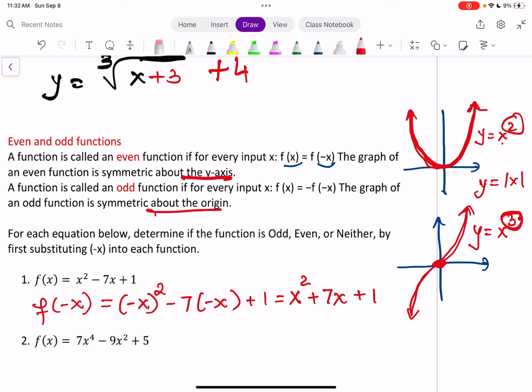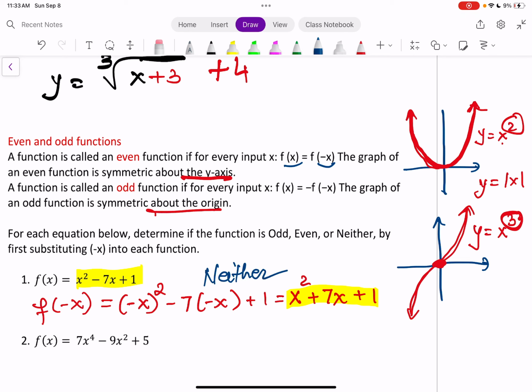So if I compare this function to the original one, is it exactly the same? No. So it's not an even function. Is it the exact opposite? So all signs have changed. No. So it's not odd either. So this one would definitely be neither.